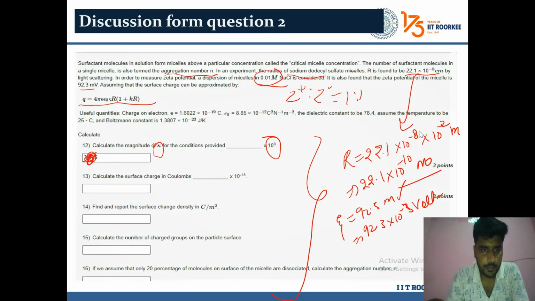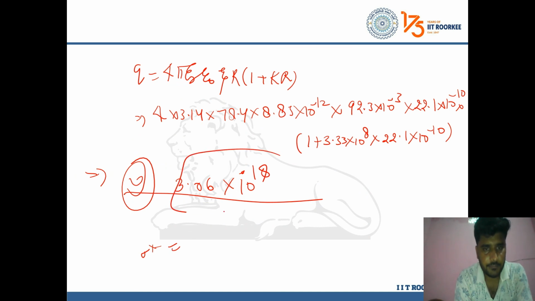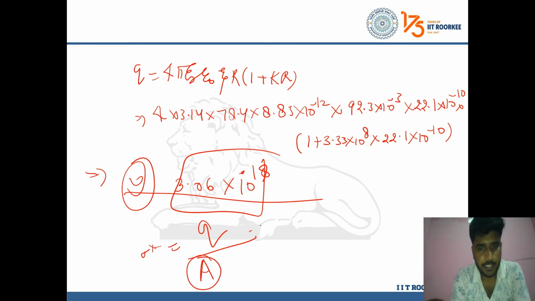In the third part, you have to report the surface charge density. Let's say it is sigma star. You have this value of total charge, and you have to divide by the area, that is 4 pi r squared for spherical particles.